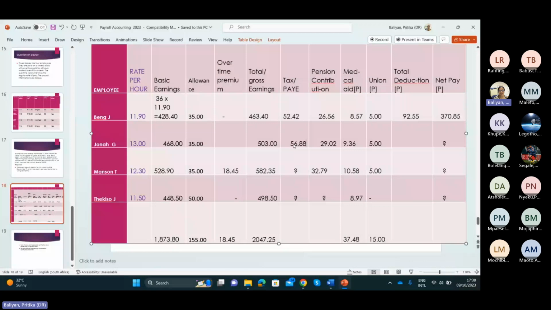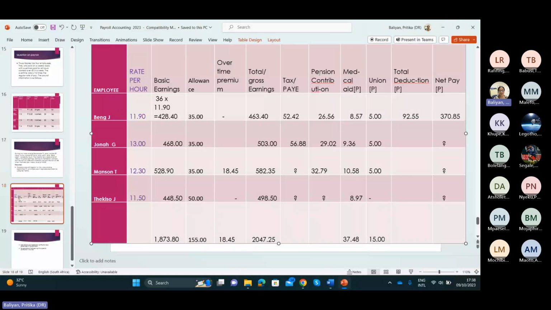Calculate, everybody. How much will be the taxable amount? 56.88. Yes, everybody get the same answer? Okay, then we also calculate the medical aid contribution.